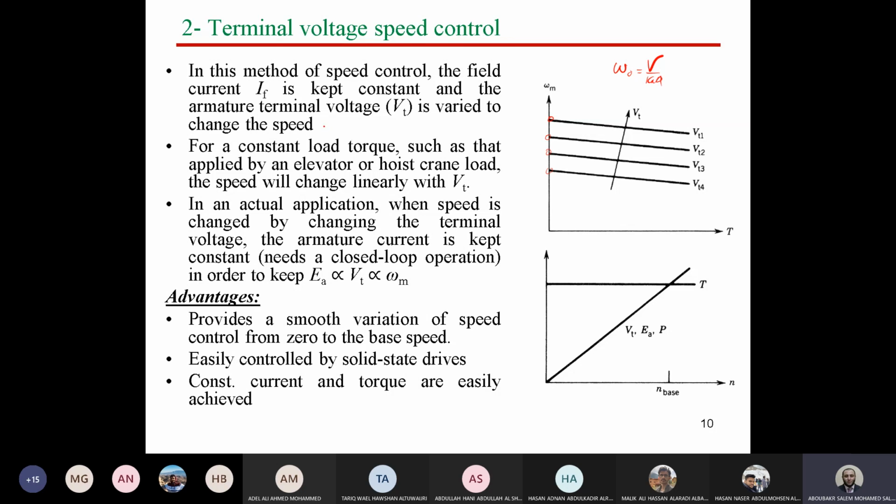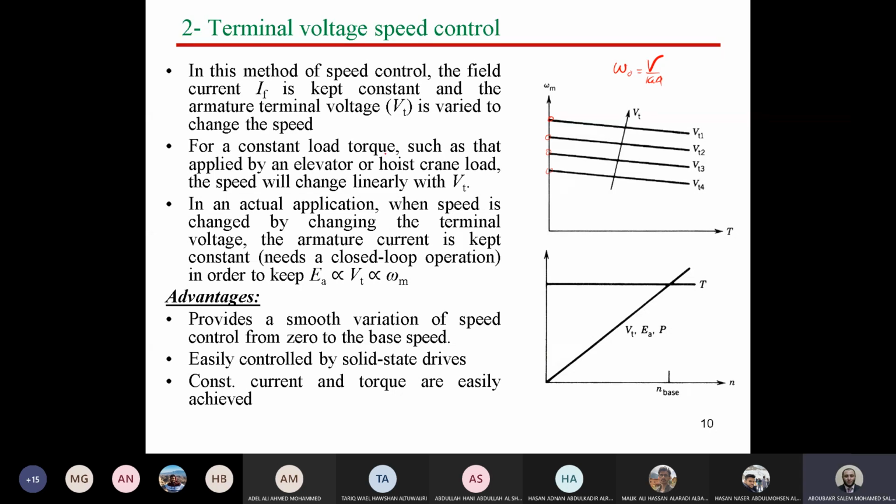However, for a shunt motor, if you are going to make voltage control, you should keep IF constant. How can we keep IF constant? By changing the resistance value or rheostat field value in order to keep IF constant. Why do we need to do that? In order to vary the speed smoothly without affecting the machine flux.